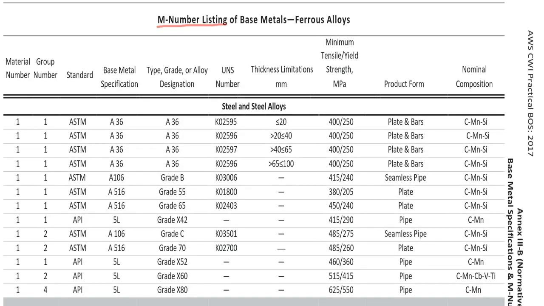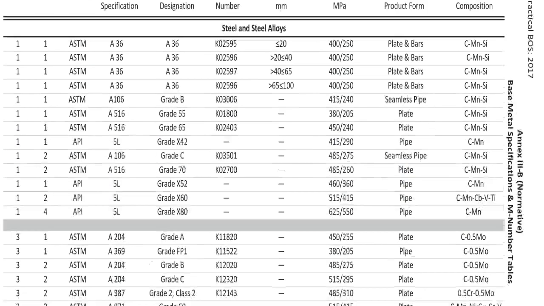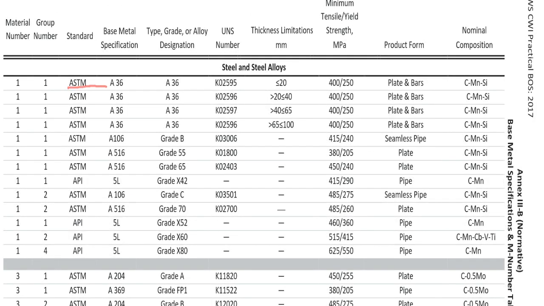M number listing of base metal ferrous alloys, and here Annex 3B, same as ASTM A36, UNS number, thickness limitation, and minimum tensile yield strength in MPa. 400 is minimum tensile strength, and 250 is yield strength. And here nominal composition, chemical composition is carbon, manganese, and silicon.